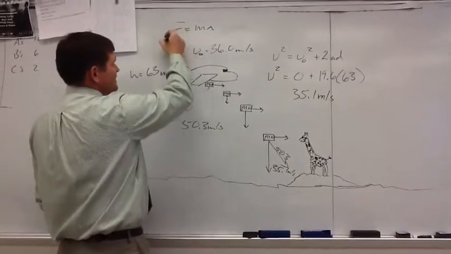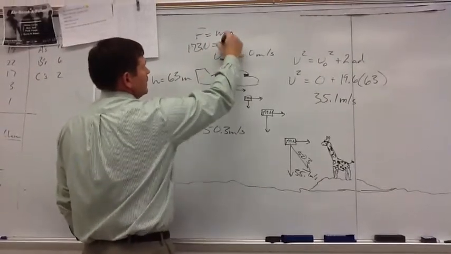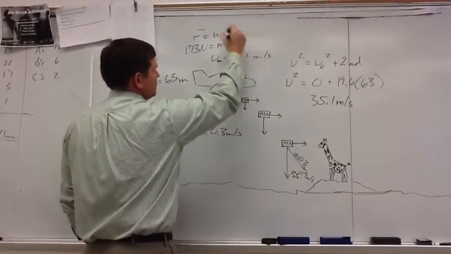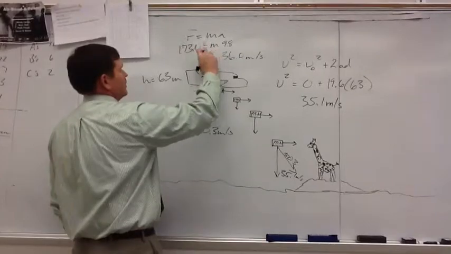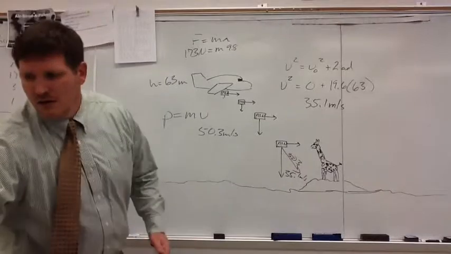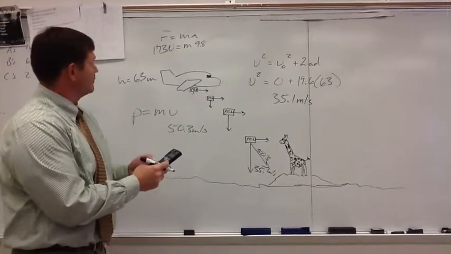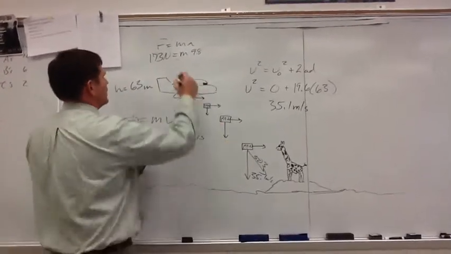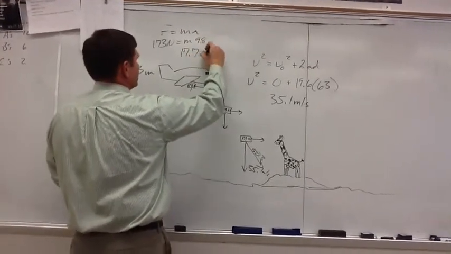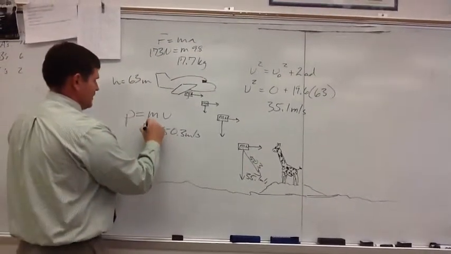So we need to take our force of 173 newtons equals our mass, which we don't know, times our acceleration of 9.8. When we do that, we can solve for m, and m is going to be 17.7 kilograms.